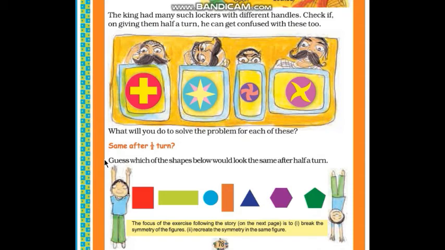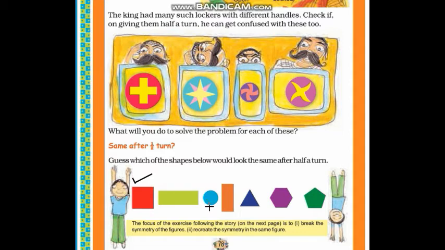Now the next topic is same after half turn. Guess which of the shapes below would look the same after a half turn. If we give this a half turn, will it look the same? Yes, it will look the same.